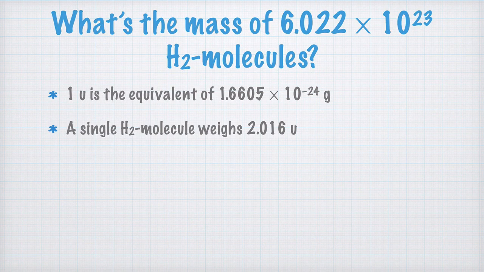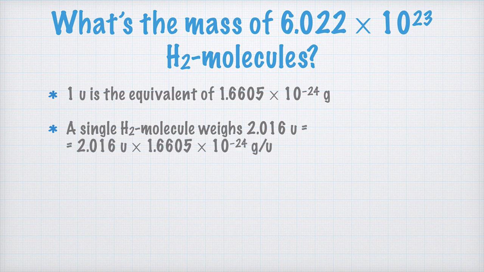Since 1 U corresponds to 1.6605 times 10 to the minus 24 grams, we can multiply 2.016 U with 1.6605 times 10 to the minus 24 grams per U and calculate that one single tiny hydrogen molecule weighs 3.347568 times 10 to the minus 24 grams.